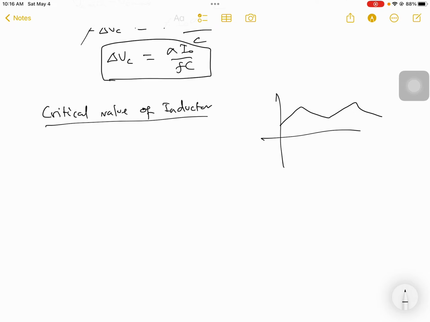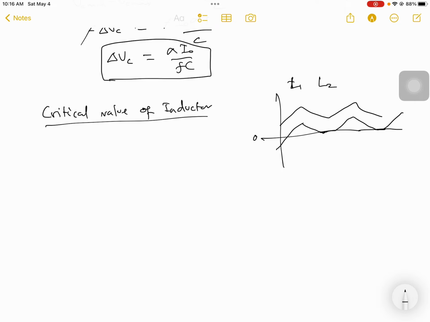For example, let's say this one is for inductor L1 and this is your zero axis here, so it's continuous because the current is not coming to zero. And let's say for L2, it starts from here, and then it comes to 0, and again it goes on, and then it comes to 0, and then it starts. For this, it gives the discontinuous current.